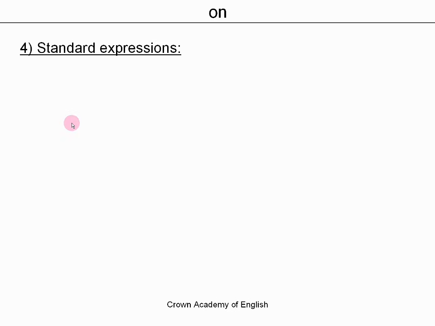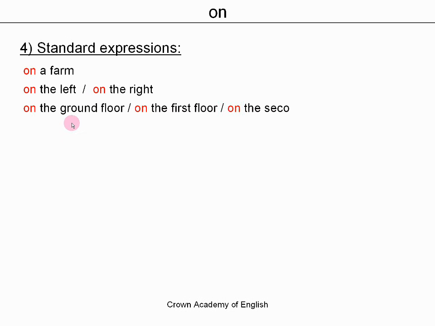And we also have some expressions for the word on. On a farm, on the left, or on the right. And in a building which has several levels, the levels are called floors, and we use the word on.